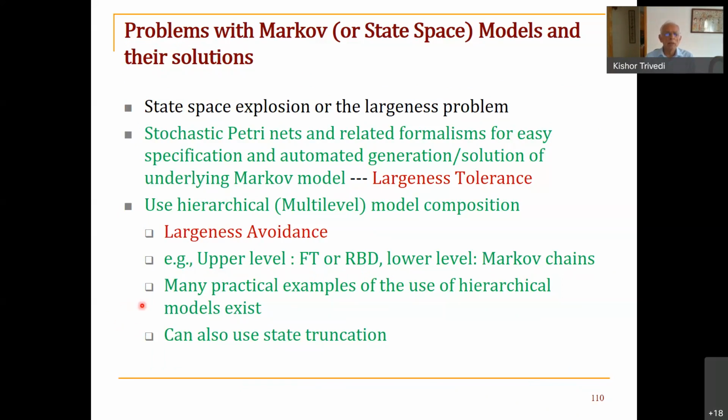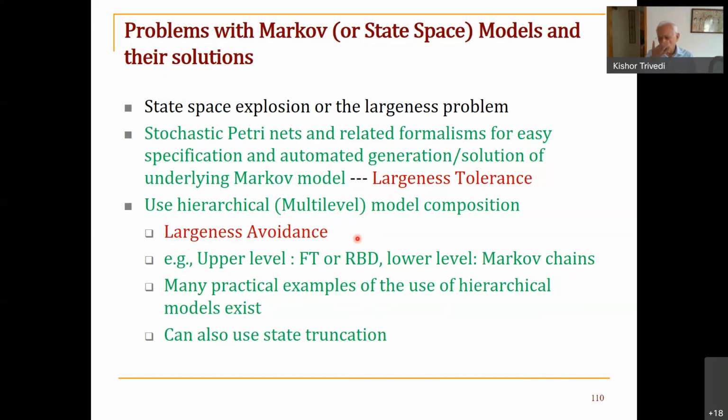There are many practical examples of these hierarchical models that we have developed, and we can also use state truncation, which we have also developed. But this method is called largeness avoidance. A large, overall, single monolithic model is never developed, never stored, never solved. We solve submodels and compose submodel solutions together into the overall model solution.